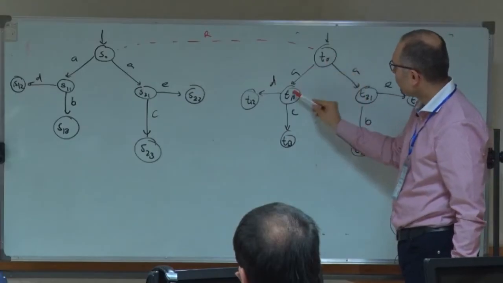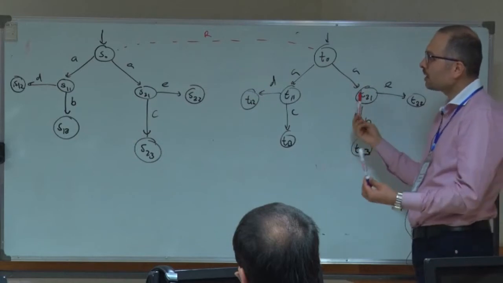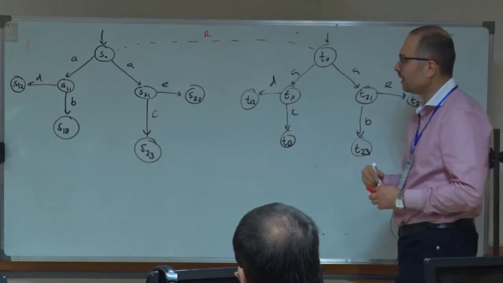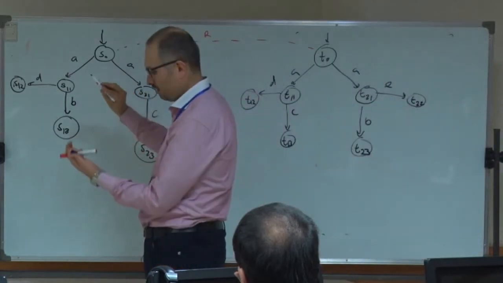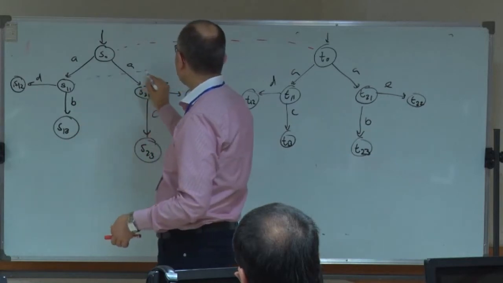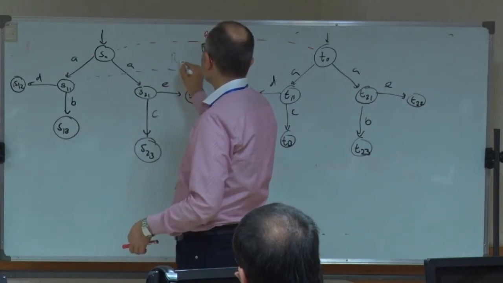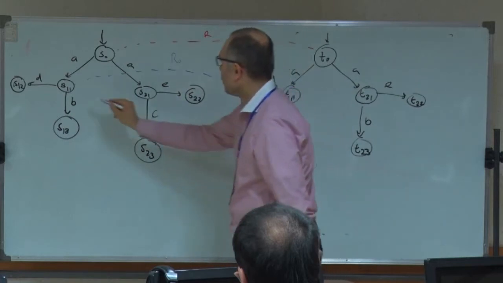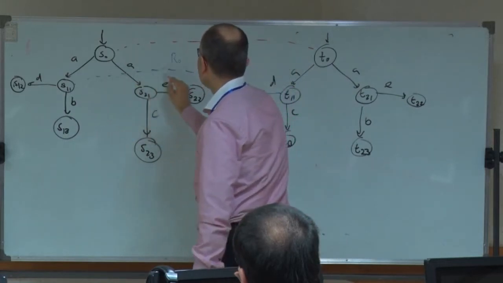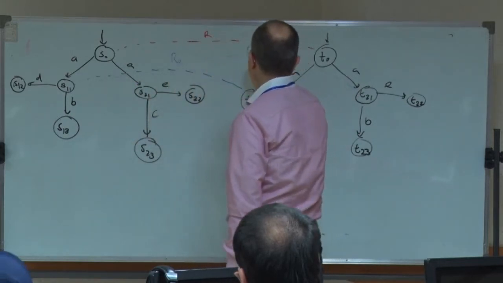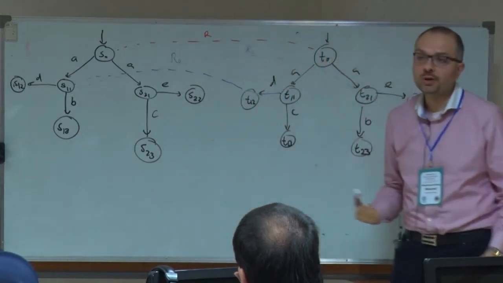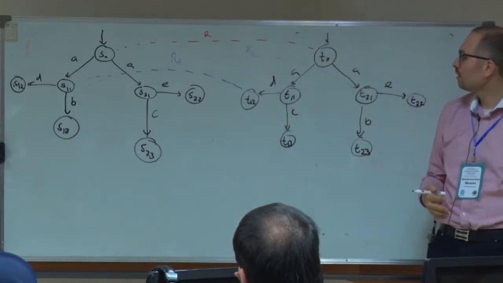Either we take this one or we take that one. So there are two possible candidates for the bisimulation relation. So we could have that these two are related. Let's call this R naught, right? Or these two are related. So there are two candidate bisimulation relations that may work here.